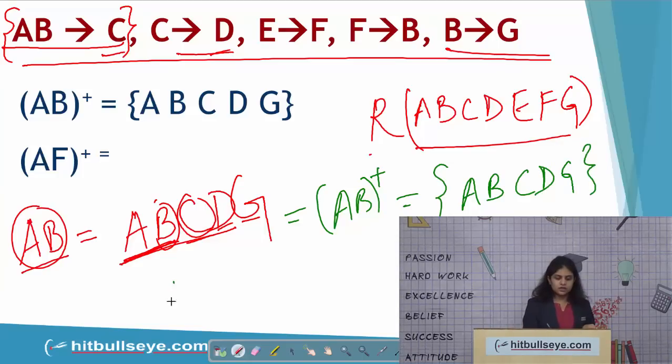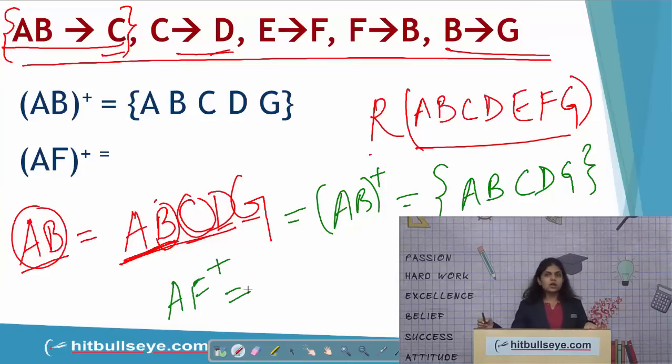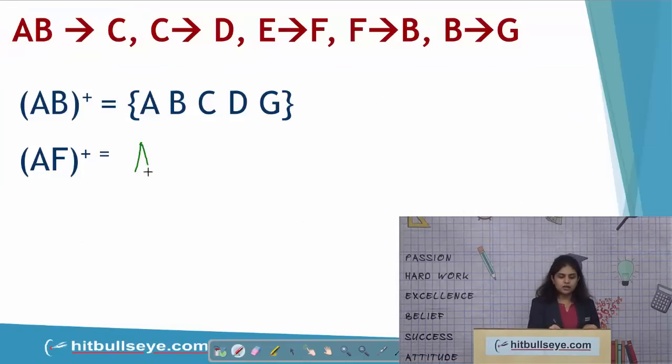If I talk about AF, let's try to calculate the attribute closure for AF. First of all, I need to add A and F to the group. Okay, so from both of them, A and F, what can be added more? From A, we cannot find anything which can be added because there should be A and B both, from where we can add C. But here I don't have B here, so I cannot add C. But I have F, and this is a functional dependency which can add B to this pool.